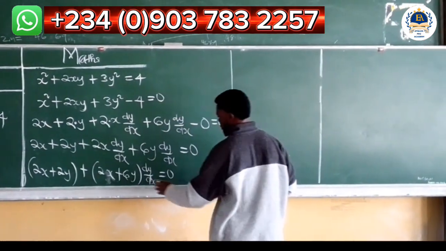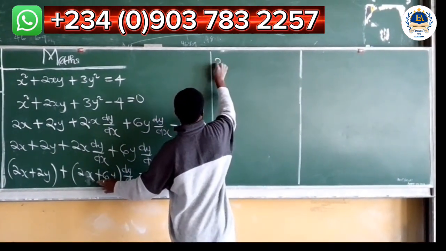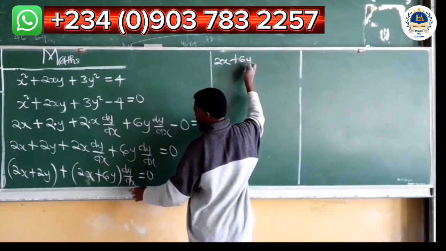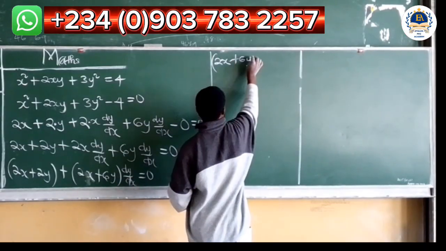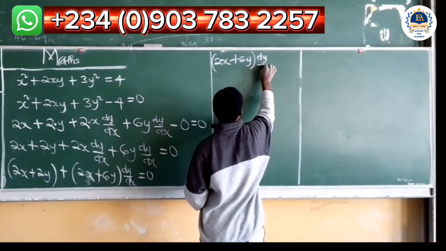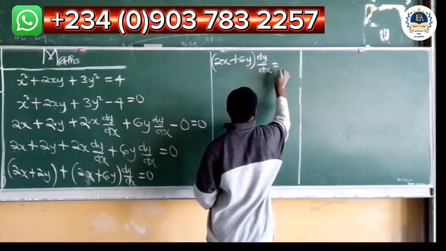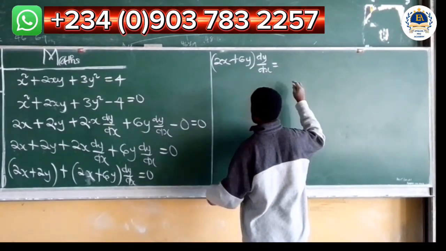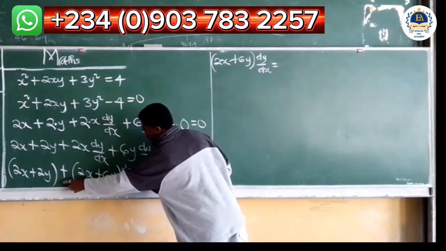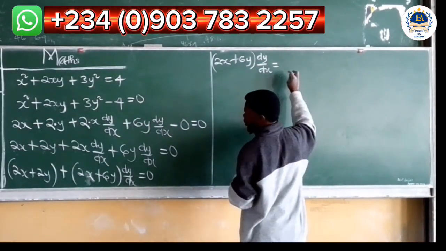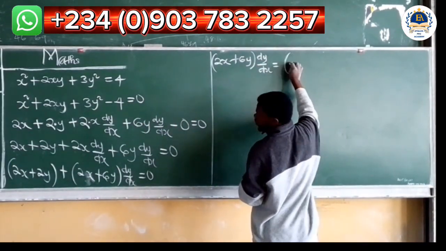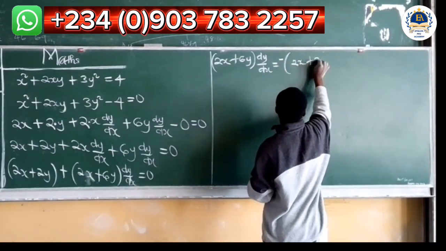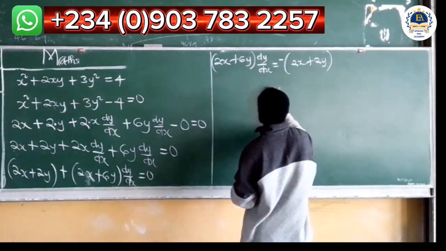So that becomes 2x plus 6y dy over dx will equal, when this crosses over, minus 2x plus 2y.